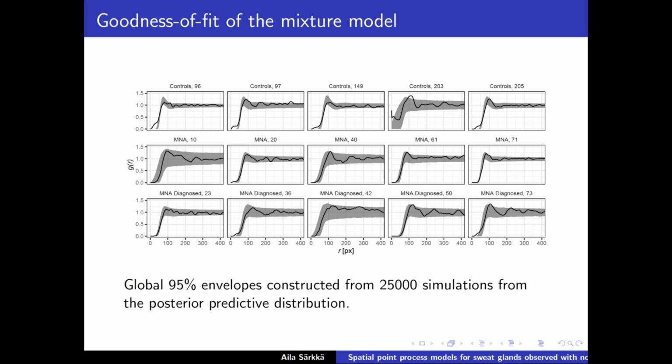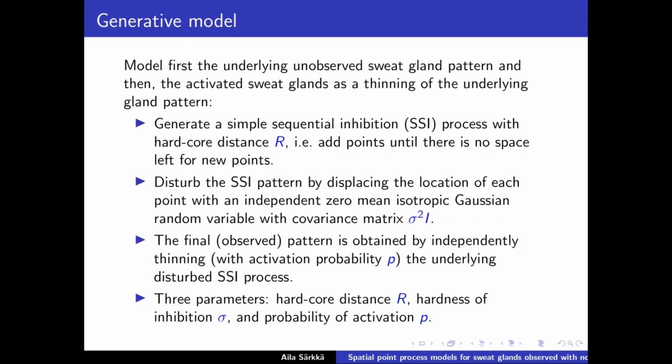There is some underlying structure: you have your sweat glands in reality, it's just that we don't observe them all necessarily if they don't activate. So we could start from what we don't see, and then have what we see as a thinning of the underlying unknown pattern. This is what we call a generative model. This is a different way to look at the problem.